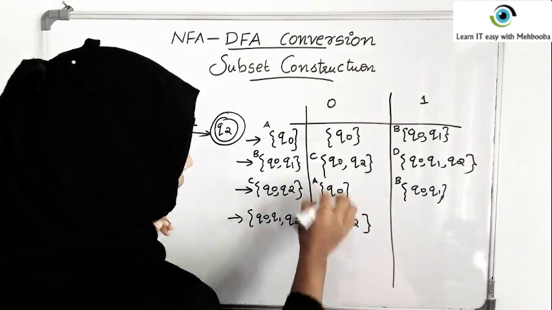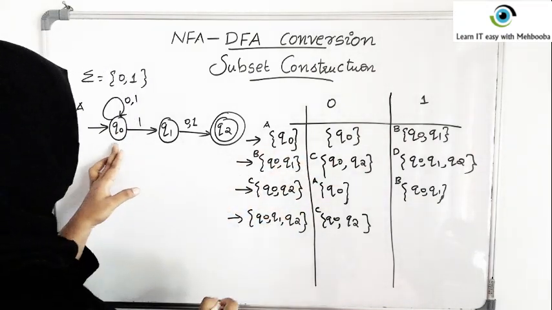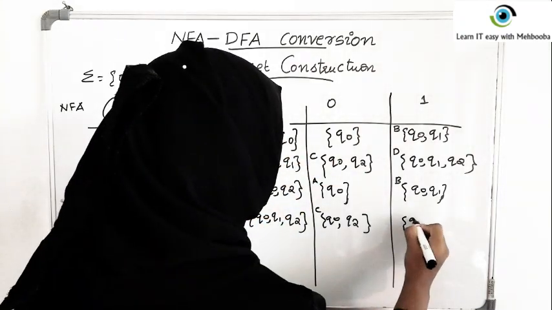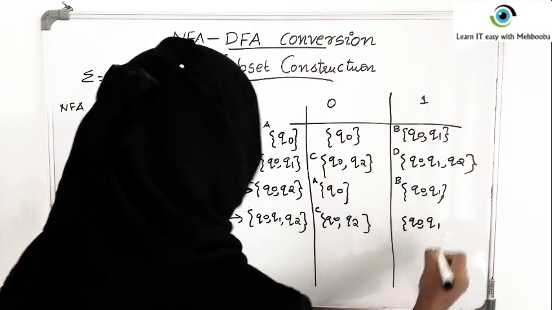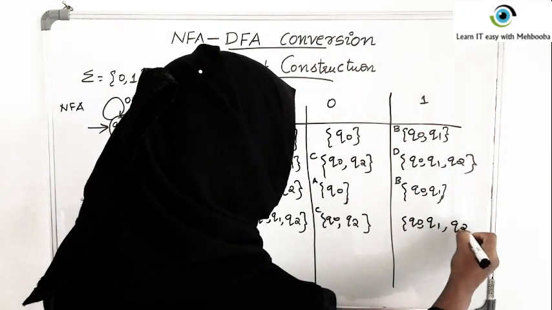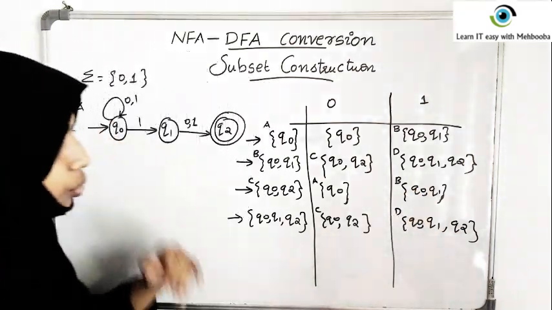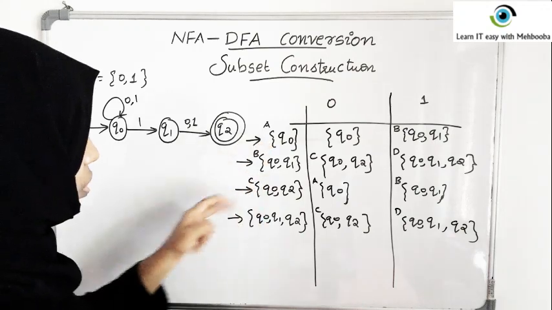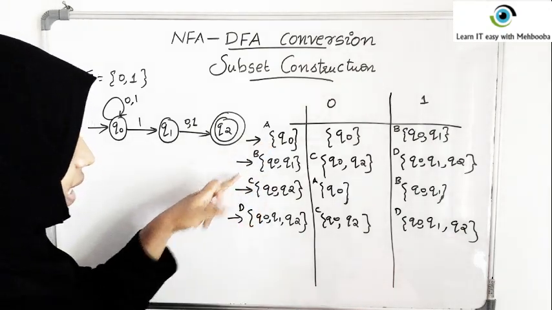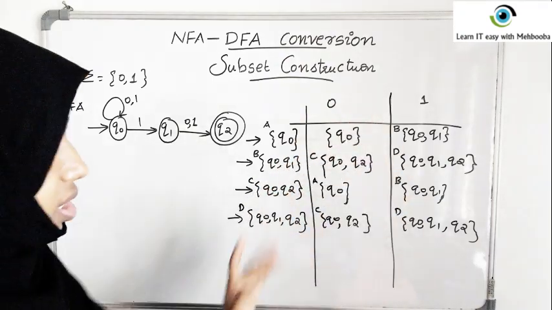This is already the state C. Okay. Now Q0, Q1, Q2 on 1. Q0 on 1 gives you Q0, Q1. And Q1 on 1 gives you Q2. And this is the same state D. So no new states. A has been processed, B has been processed, C has been processed, and D has been processed, and no new states.